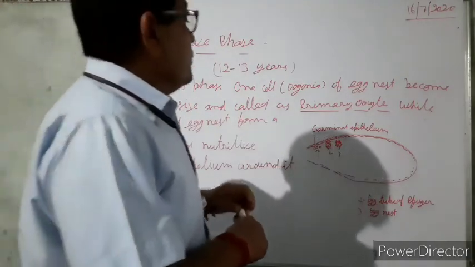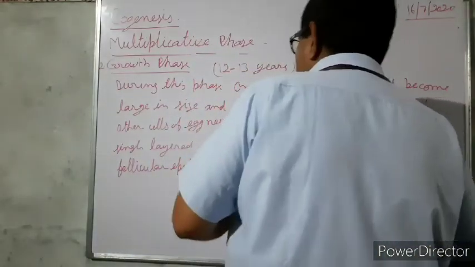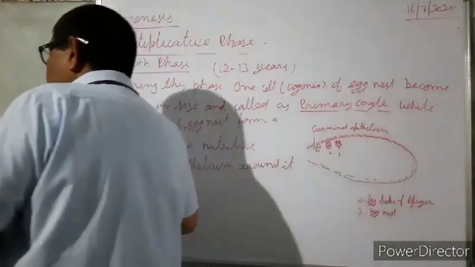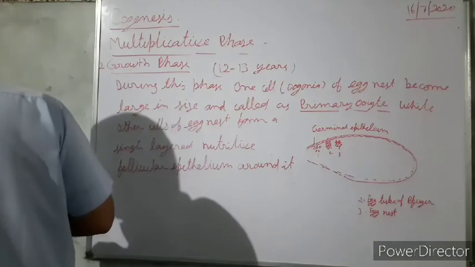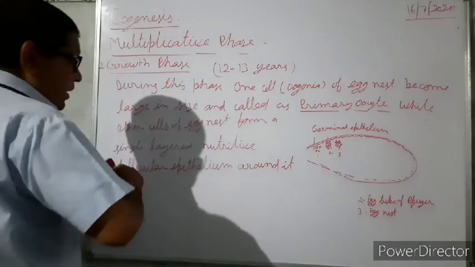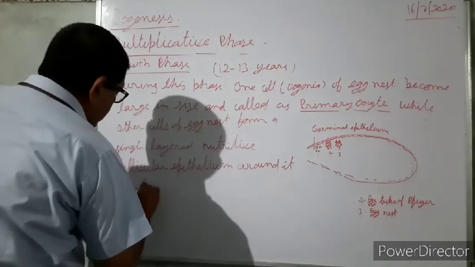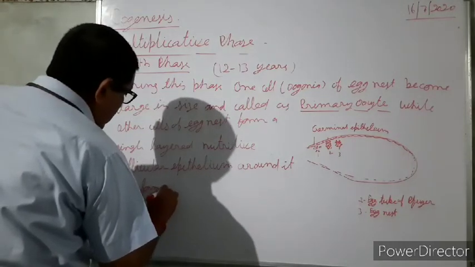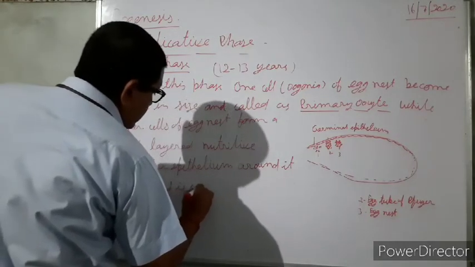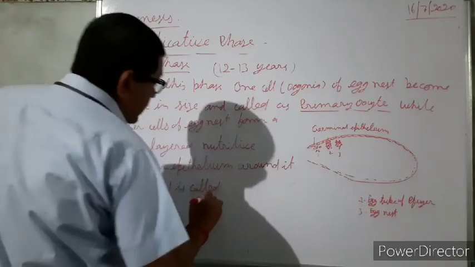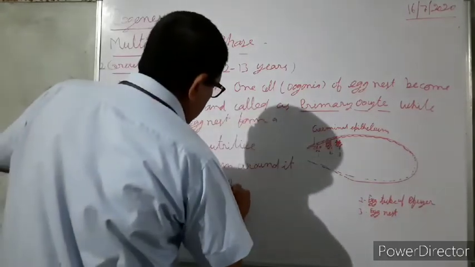So around it, the structure formed is called the primary follicle.